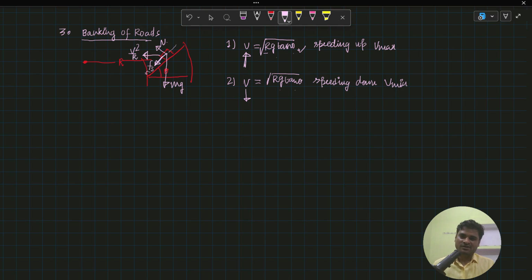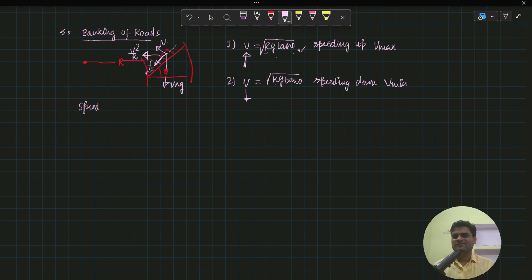So the friction will oppose this motion. And when the car is speeding down, the radius has to decrease, the car will come around this corner, and that's why the friction force will start to act in the upward direction.